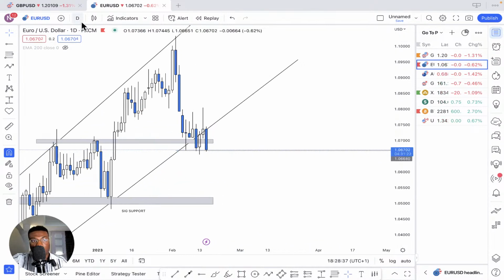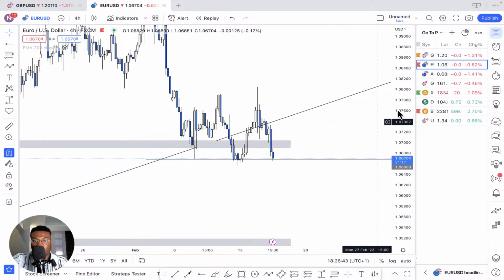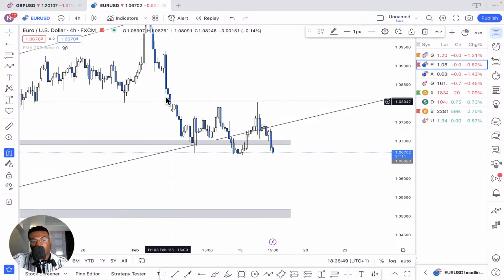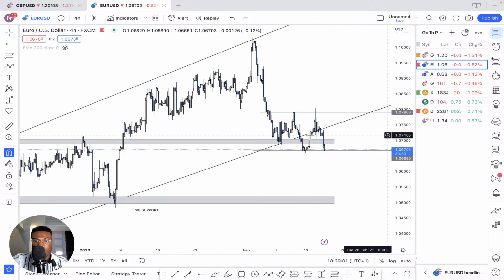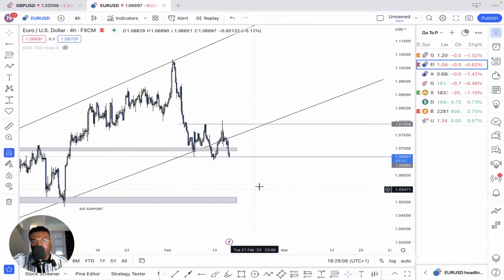So these are the things that I want to look out for. Let me just go to the 4-hour time frame and get some more detail. So we can clearly see that the market is trying to trade or move in a ranging format.